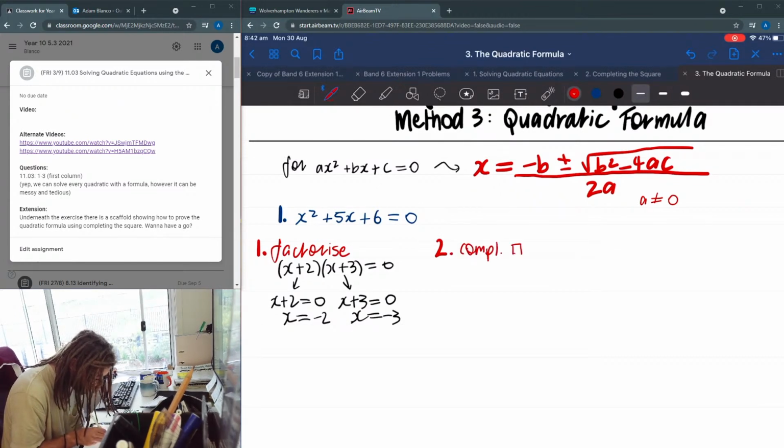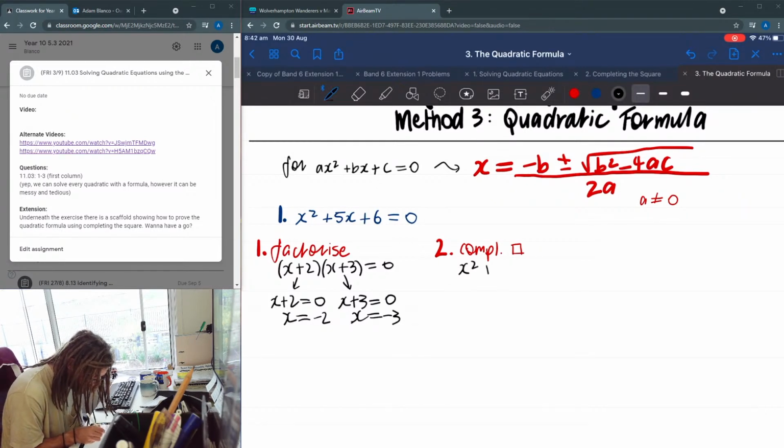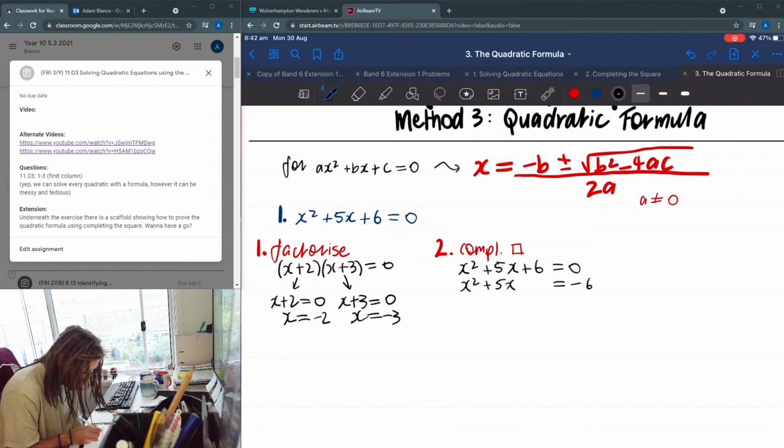Second thing I'm going to do is our second method, and that was completing the square. So what do I do? I go x squared plus 5x. Let me just write the question. I'll move the 6 over, and then I halve it and square it. So I halve it and square it, and I add that to both sides.